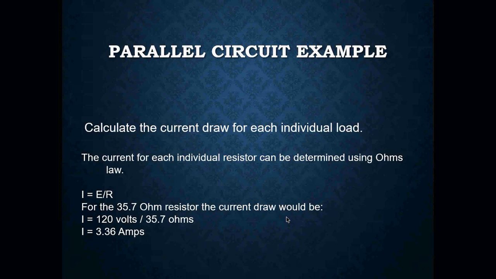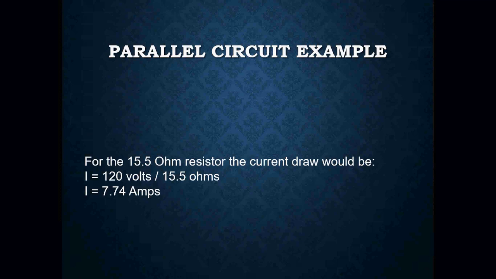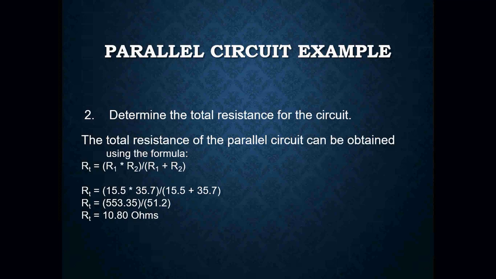That's going to give us 3.36 amps. That branch of that parallel circuit will be able to handle that much amperage. For the 15.5 ohm load, we do the exact same formula, 120 volts divided by 15.5 ohms, and we come up with 7.74 amps for that particular branch.